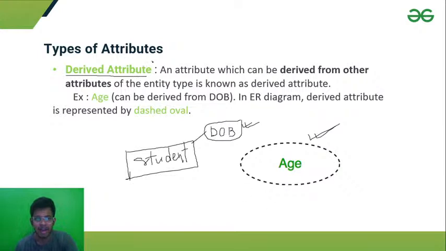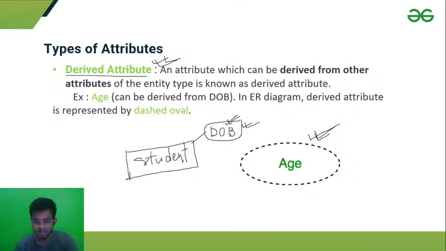And this derived attribute changes from time to time. So it is not constant, but the DOB is constant, right? Every student will have a fixed date of birth, but the age of that student depends upon the time at which the person is asked about his age. So we can derive this age by taking the current date minus the date of birth.